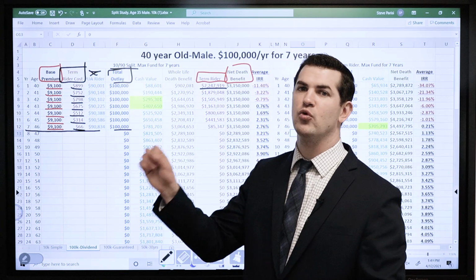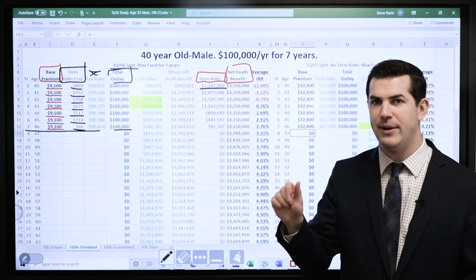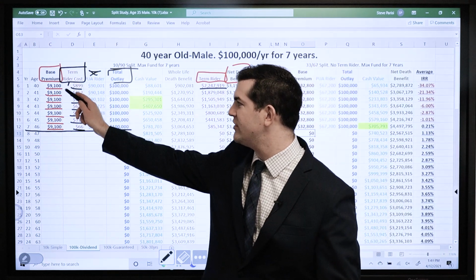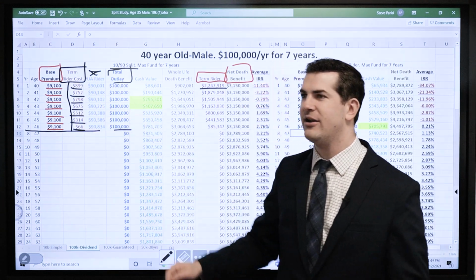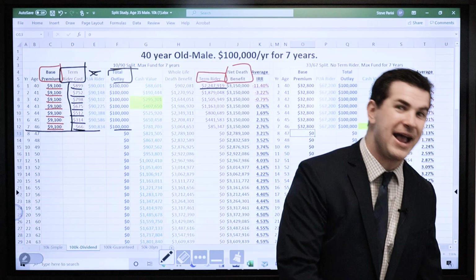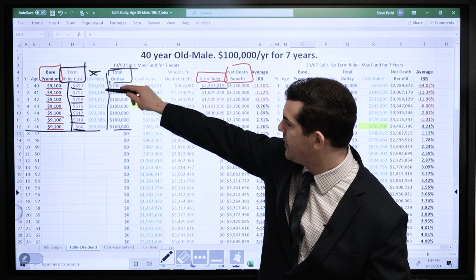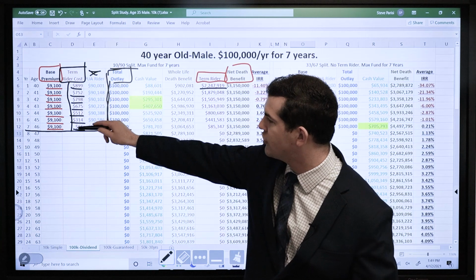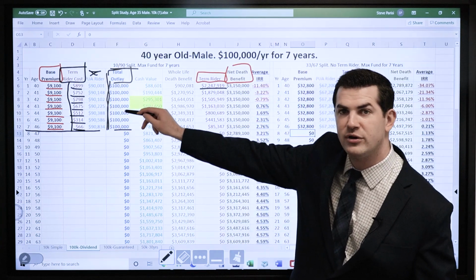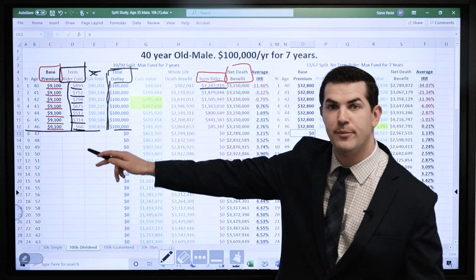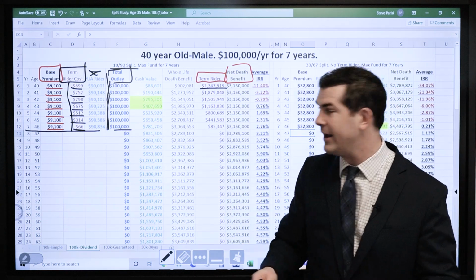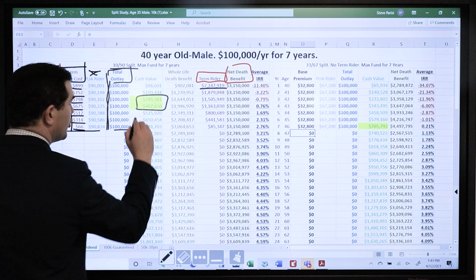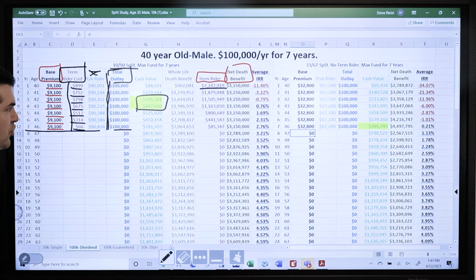So while the rate of the 1 year term may increase, my net cost is really what I'm interested in. And what happens to my net cost? It goes down, not up. Here's my PUA amount increasing as my 1 year term cost goes down. More of my 100,000 is allocated toward the PUA component. So I'm beefing up my cash value further. Break even point between years 3 and 4, very strong here.